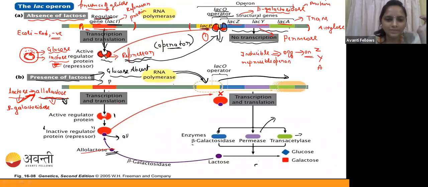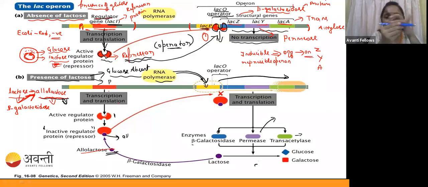So now what will happen? The RNA polymerase, as usual, binds to the promoter site. Here there is no repressor bound, and in this there is a structural gene.